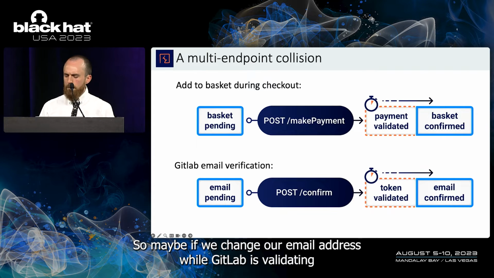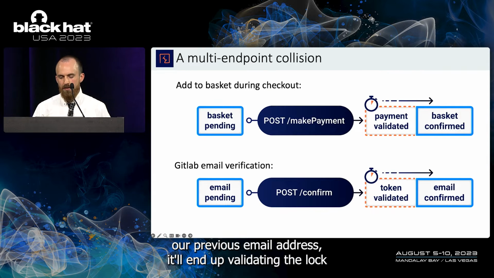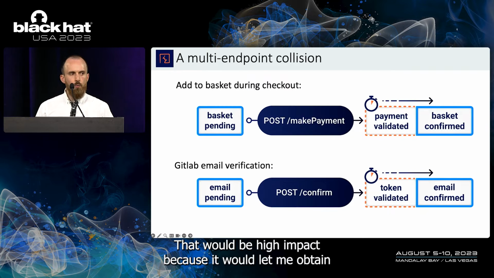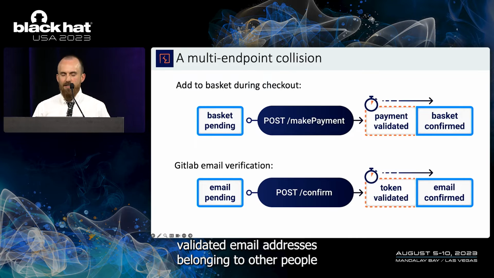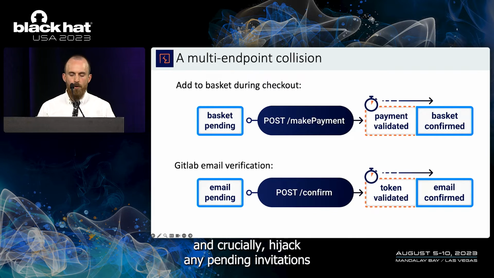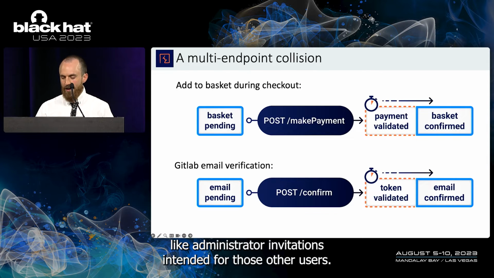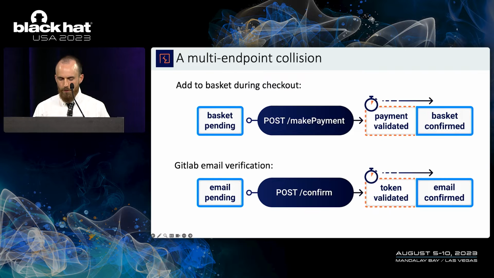So maybe if we change our email address while GitLab is validating our previous email address, it'll end up validating the wrong one. That would be high impact because it would let me obtain validated email addresses belonging to other people and, crucially, hijack any pending invitations, like administrator invitations, intended for those other users.